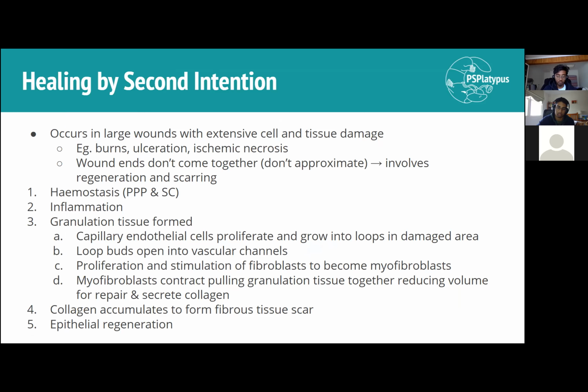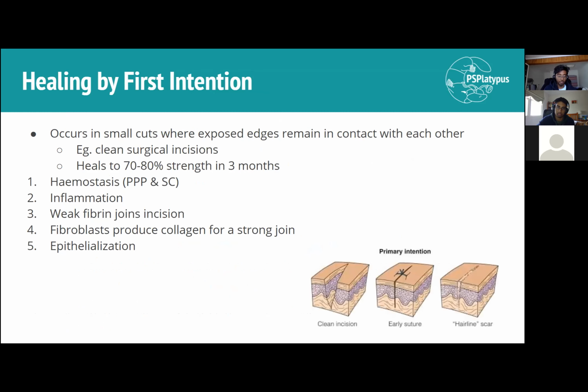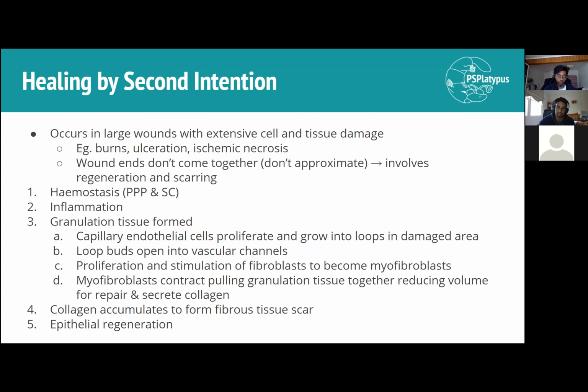The collagen that is secreted by the myofibroblasts then accumulates to form a tissue scar, a fibrous tissue scar. We get the same epithelialization, so that's epithelial regeneration. And we would have the same maturation process where the collagen cross-links and forms stronger bonds, essentially.